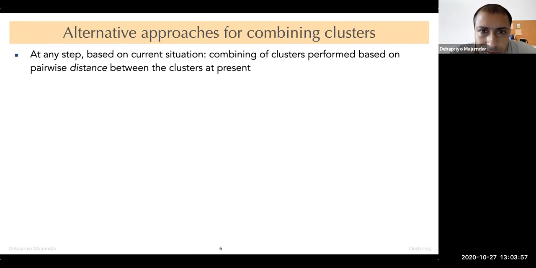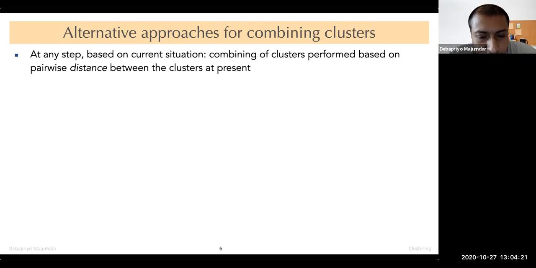Now there are two primary distinctions based on how you combine. One higher level approach is, at any step, look at how the clusters are panning out right now and combine clusters by calculating some function based on the current scenario.